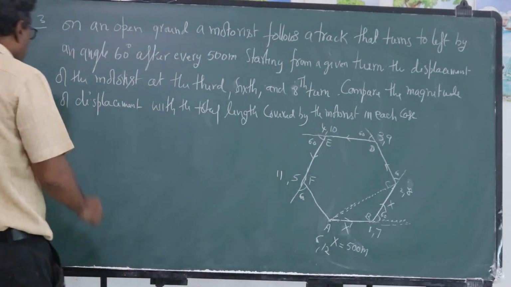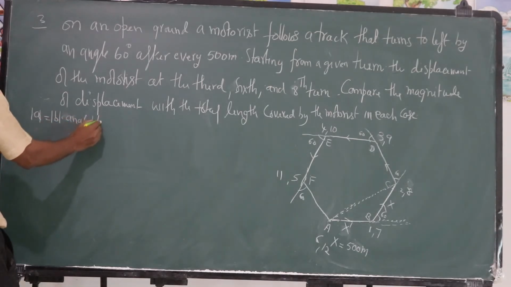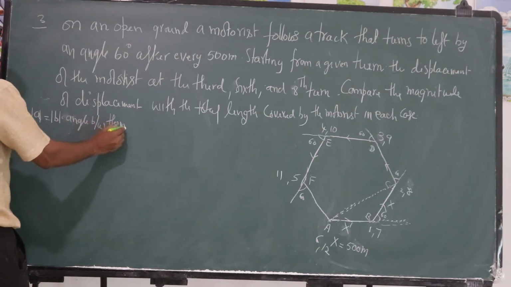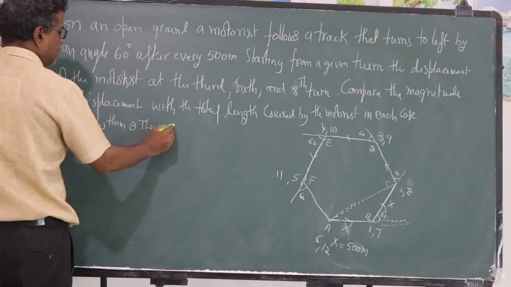If two vectors P and Q have equal magnitudes and the angle between them is theta, what is the resultant?